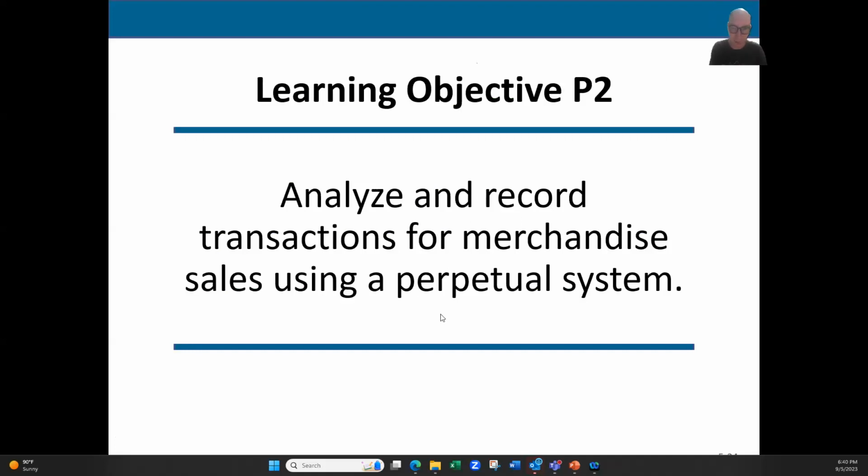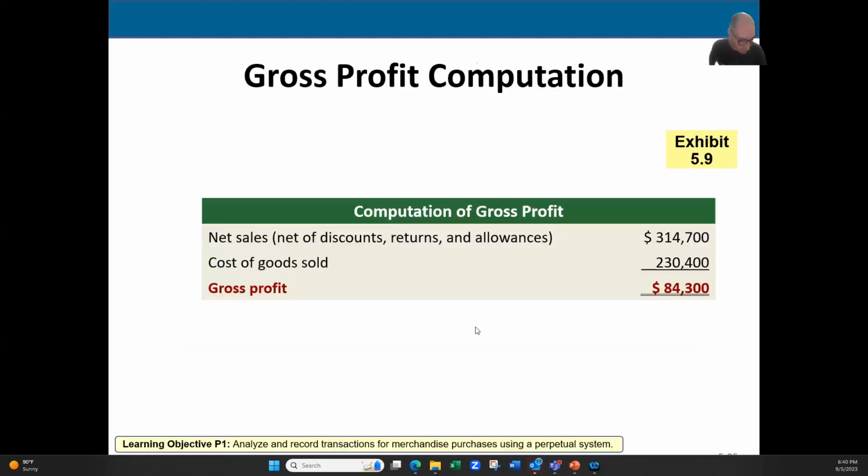So let's take a look at some transactions for sales using the perpetual inventory system. Remember, the perpetual inventory system, that's the barcode machine, yeah? Perpetual means continuous, continuously updates. We talked about purchases, now let's look at sales. So I'm selling to my customers.